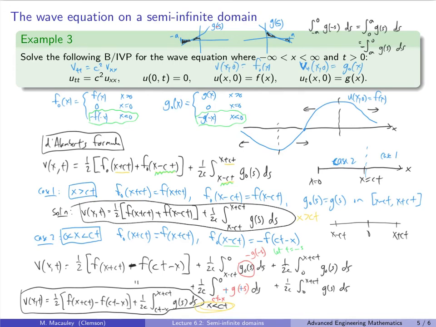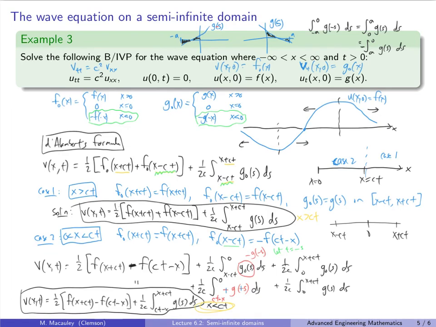Physically, when x is bigger than ct, that just means that the wave has not gotten there yet. This artificial wave that we had to add has not moved far enough out to interfere. So the solution is simpler. Here we have to take into account the interference.